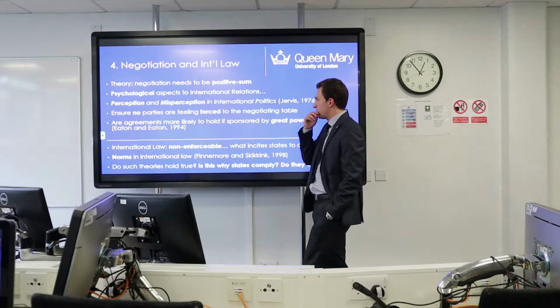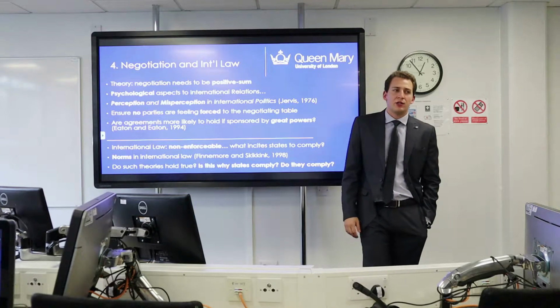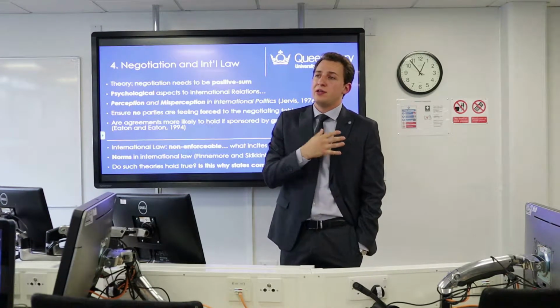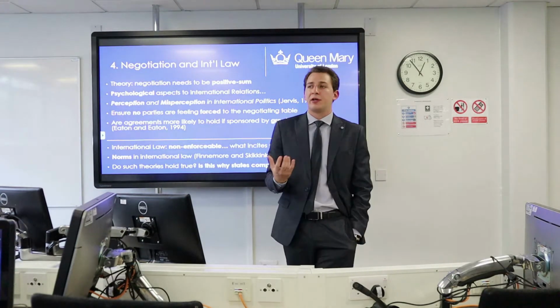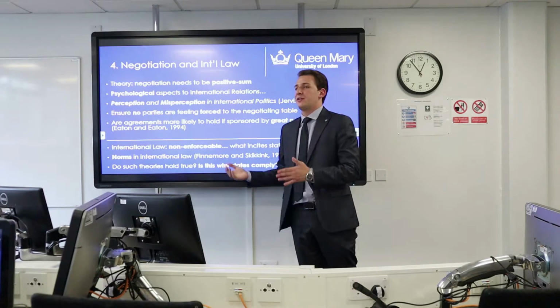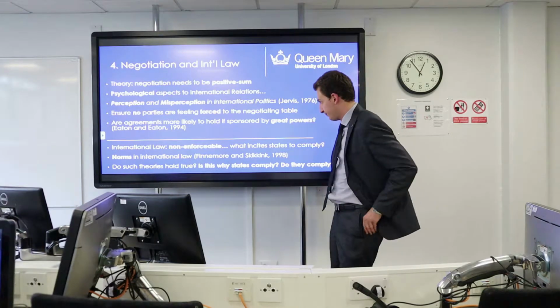Now, there are also psychological aspects to international relations, and you have political psychology. If someone is coming to negotiate with me on water, is this because they genuinely want to negotiate, or is this a strategy on their part, and they have something else in mind? They want to misdirect my attention to the negotiations while they prepare to attack and take over.